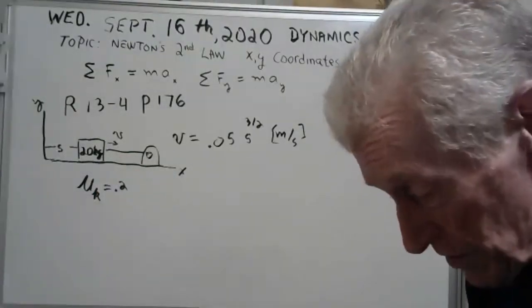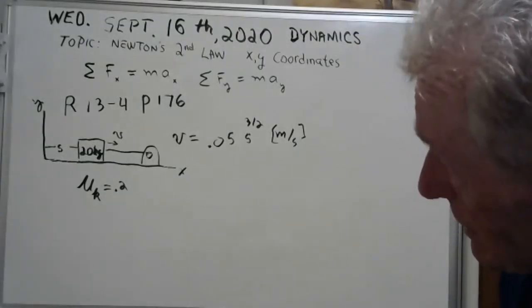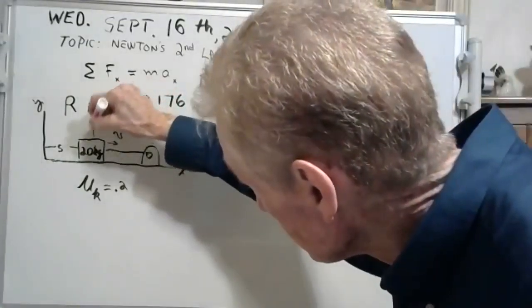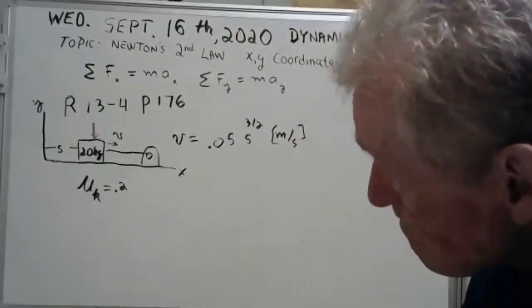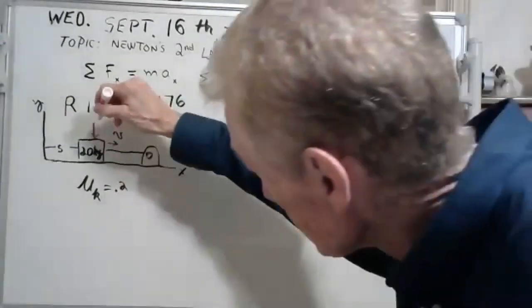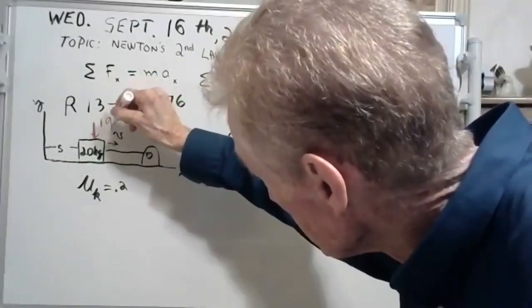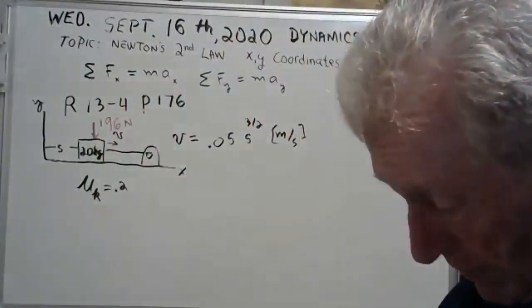Now you know how to do these problems. You get your red pencil or pen, and you put all the forces on it. Now there's going to be a gravitational force that's going to be, I think it's 196 newtons. But let me double check that.